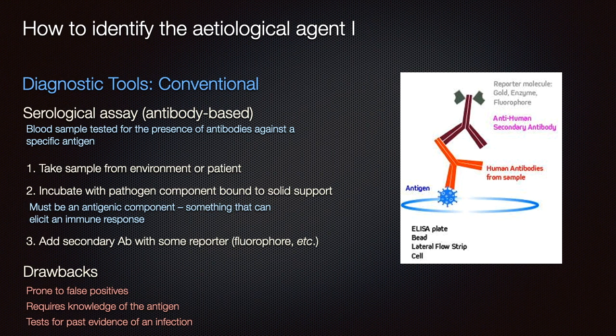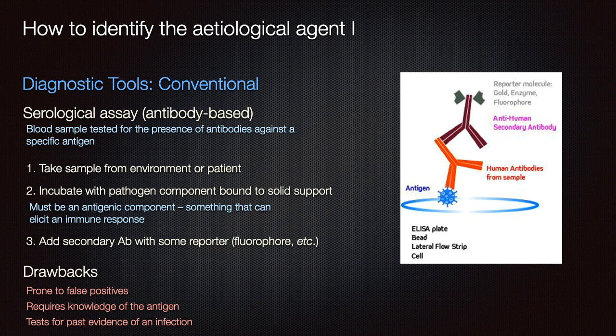Then we add a secondary antibody with some reporter attached: fluorophore, enzyme, etc. The concept here is that if a patient or an environment has encountered a particular pathogen and an immune response has been raised, then antibodies to that pathogen will be circulating in the blood. Those antibodies in the blood of the patient will recognize the antigen from the pathogen and bind to it, and a serological assay will detect that.